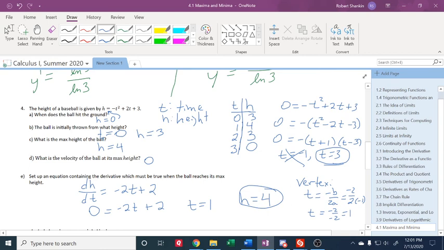So the vertex is when t is 1, and for the maximum height, you just plug in t equal 1 and get h equal 4. So you can answer this question in a non-calculus way by using the vertex of a parabola, or the calculus way, which is to take the velocity, the derivative of the position function, and set that to 0.